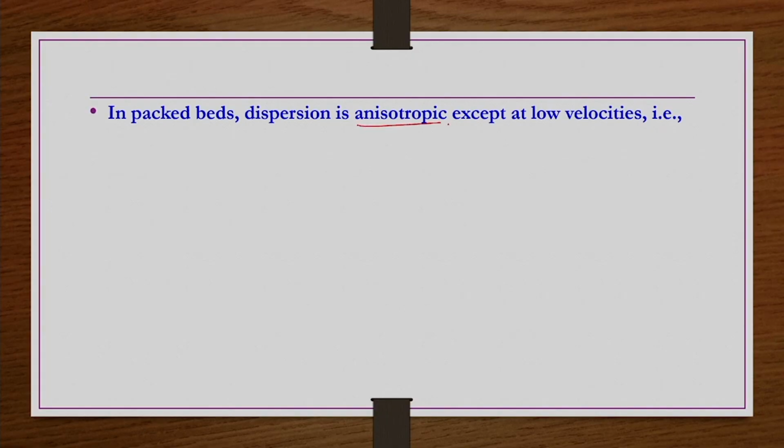However, if it is not in the low Reynolds number region or low flow rate region, dispersion is anisotropic, having different values in different directions. For molecular diffusion, we have only one diffusivity or diffusion coefficient for a given system, irrespective of the flow regime and the geometry.